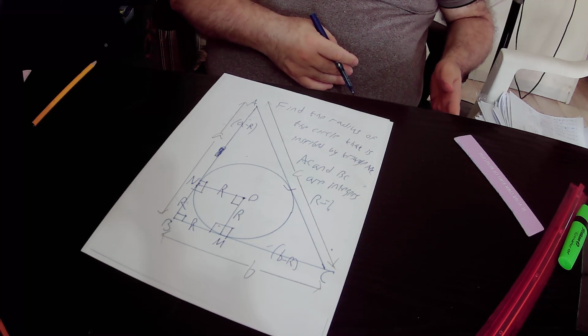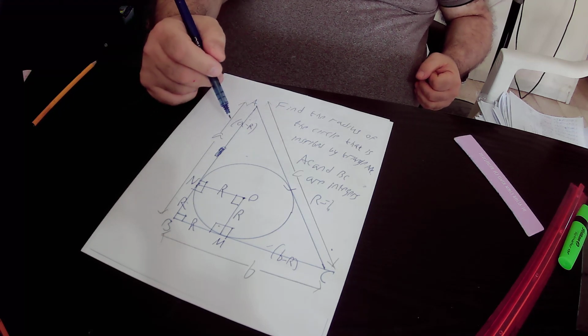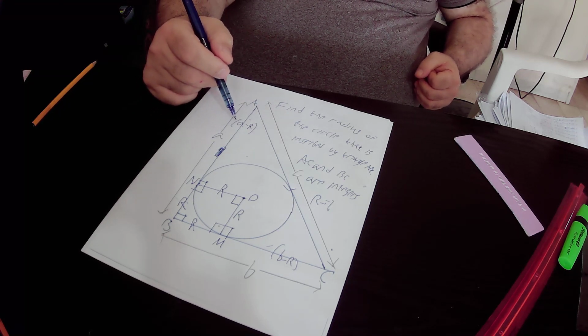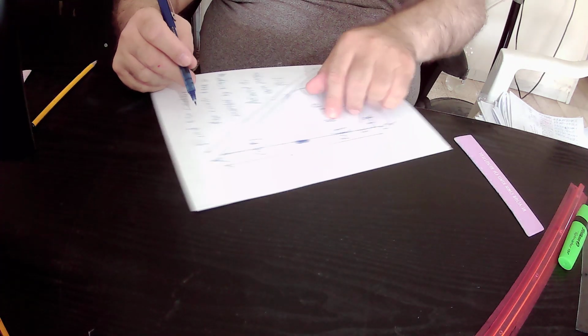According to rule number 2, they must be equal to each other. That is to say, AL must be equal to AN. But we already found out that AN equals A minus R. Therefore, AL must also be equal to A minus R.